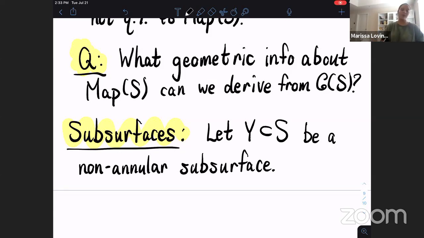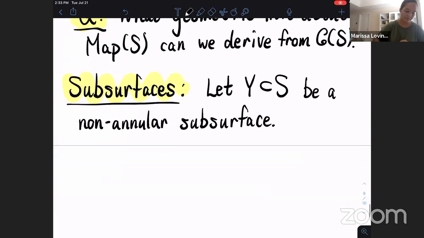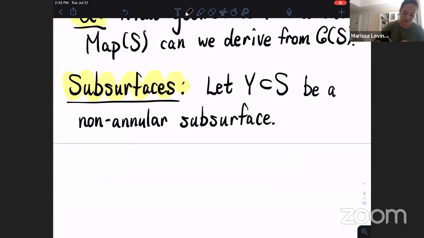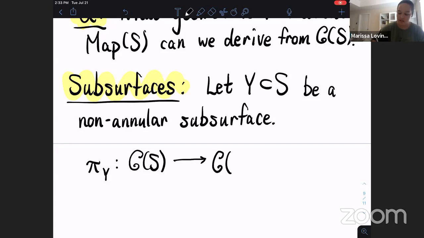And what I want to do is define a way of taking information from the curve complex and projecting it down to the curve complex of this subsurface. So I want some sort of projection map, which I'm going to denote pi sub Y. I want to define a way to map curves from my full curve complex to the curve complex of this subsurface.